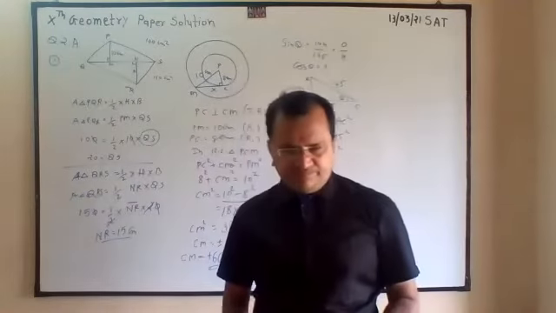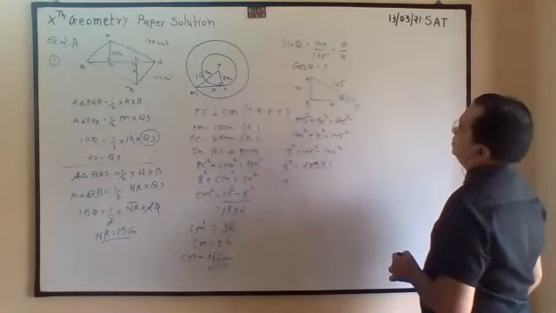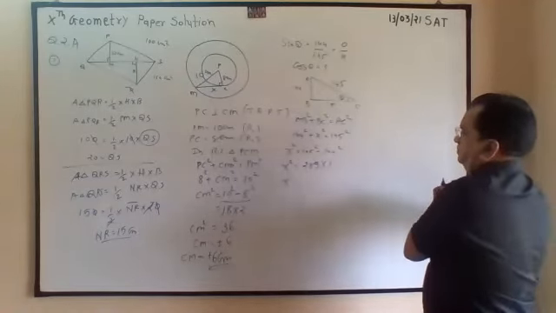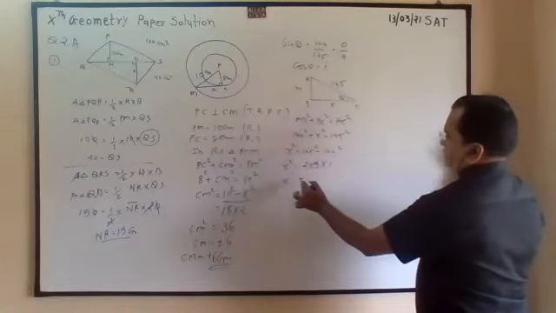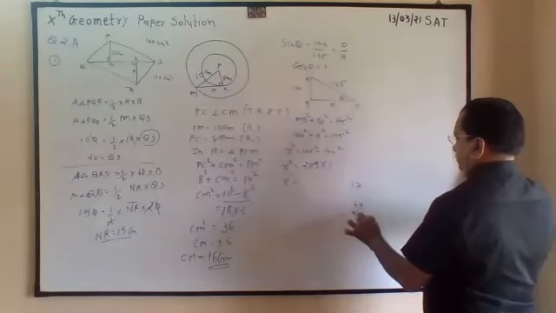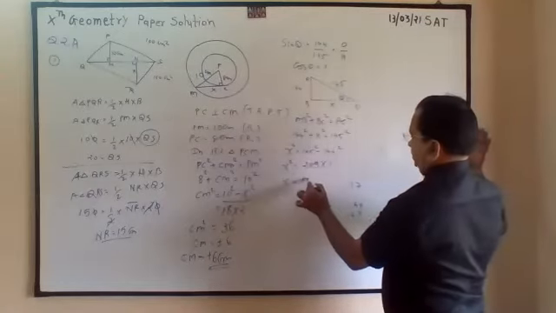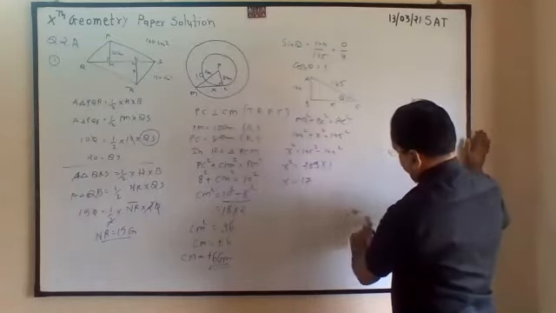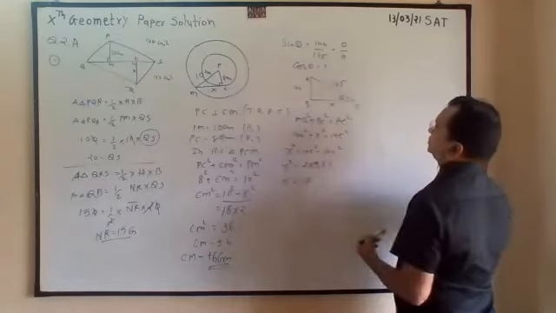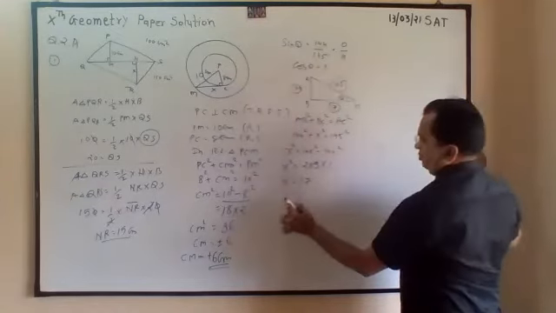So taking the square root, it is 17. Now cos theta.